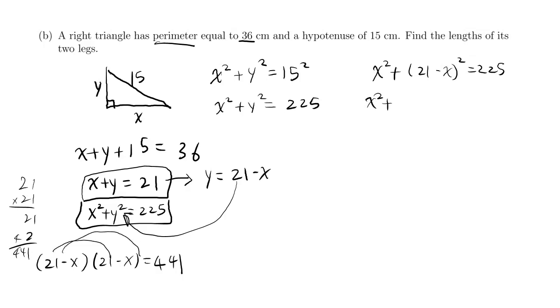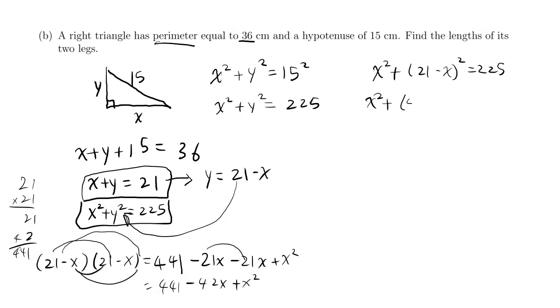Then outer, which is negative 21x, inner, which is negative 21x, and last, which is positive x squared. Combine these two like terms, then you get 441 minus 42x plus x squared. So that's what this is.